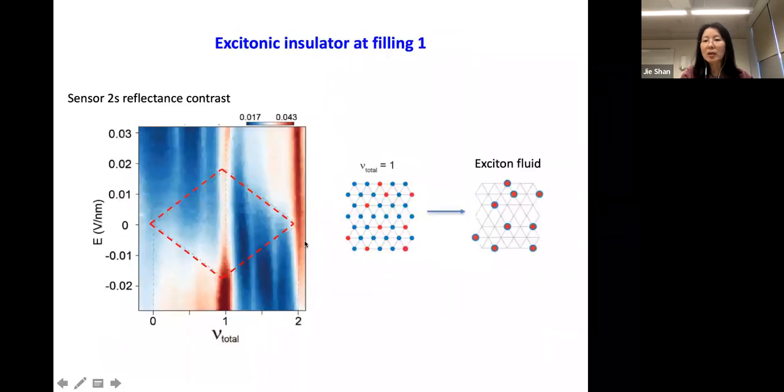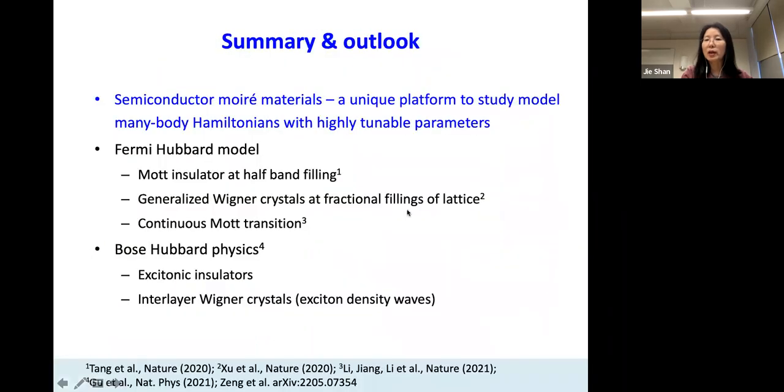So with this, I would like to summarize. I'm not going to bore you with the details. The take-home message is that semiconductor moire materials are a unique platform to study model many-body Hamiltonians with highly tunable parameters. And we've seen interesting correlated many-body states.